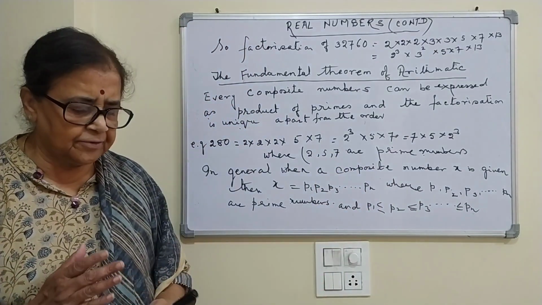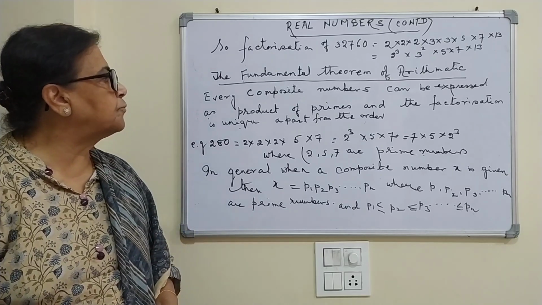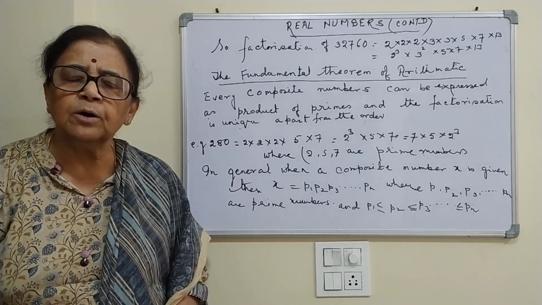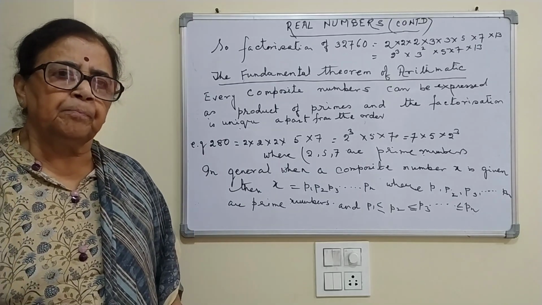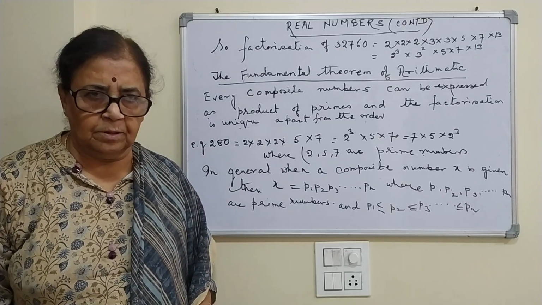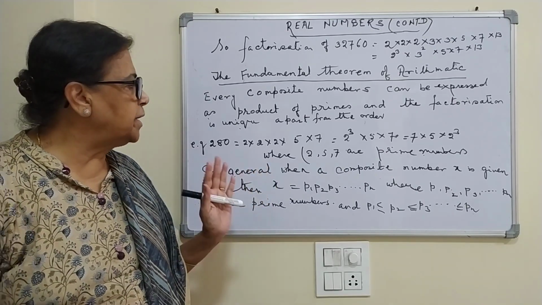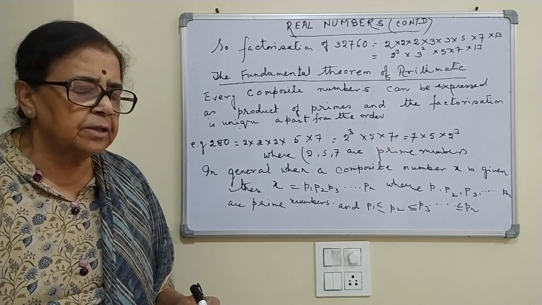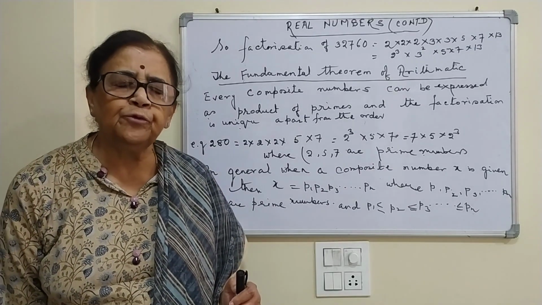Now today we have studied the fundamental theorem of arithmetic, that is, every composite number can be expressed in terms of prime numbers, and their order doesn't matter. Suppose it is 10, 2 into 5.